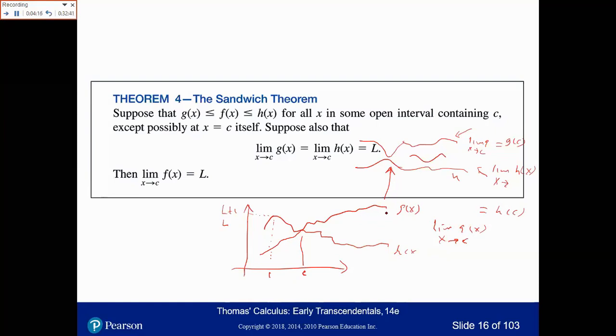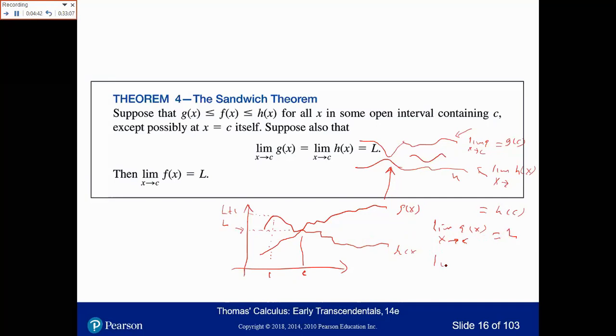Keep moving, moving, moving until x reaches C. The x coordinate is equal to C now. So what's the limit as x approaches C? Equal to L, right? This level is the level of L. So limit of G of x will be equal to L.